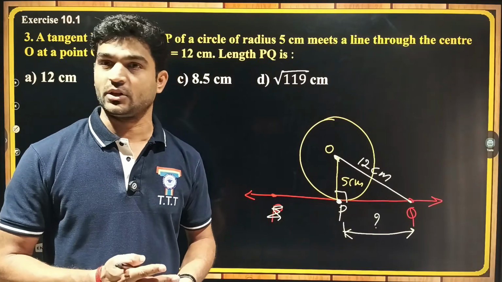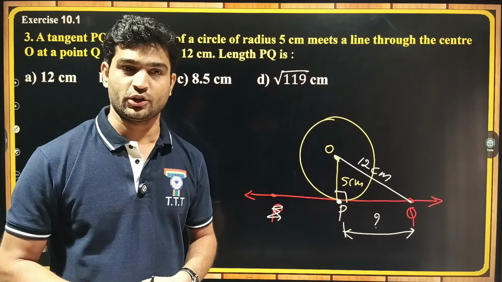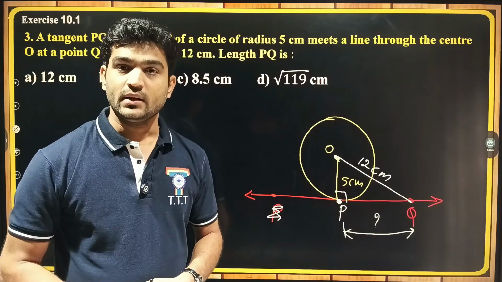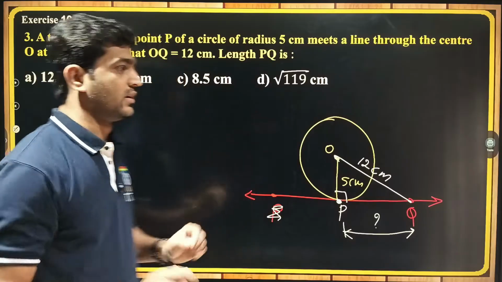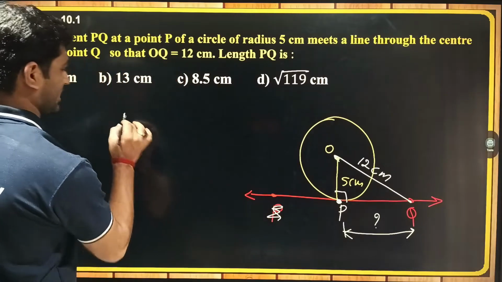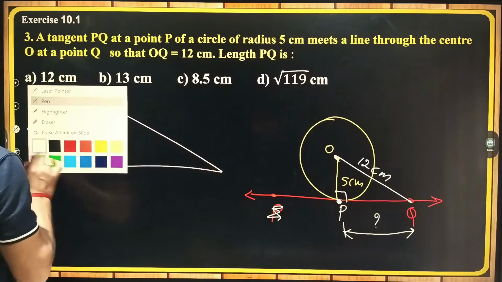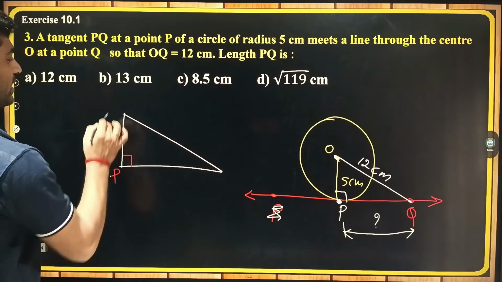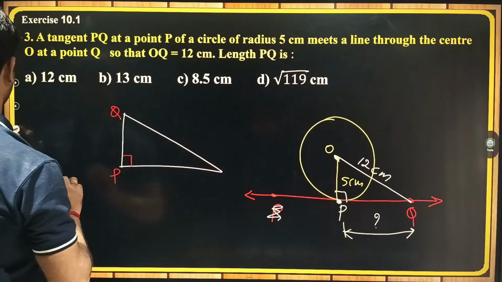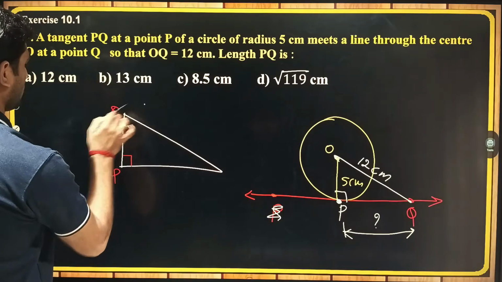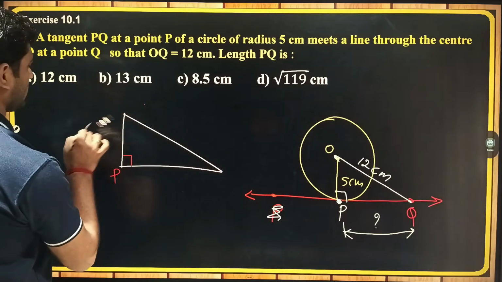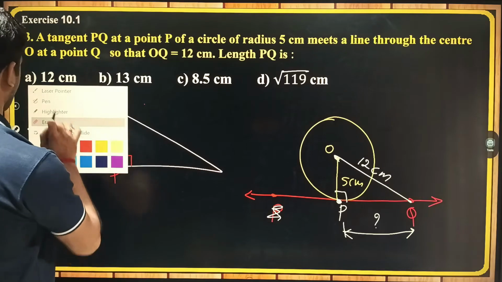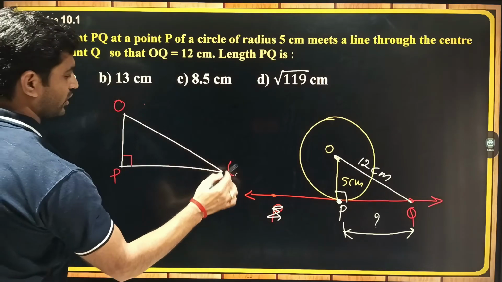In chapter 8, the trigonometry chapter, I taught you. The square of the hypotenuse side. Suppose this is a right angle triangle, right angled at point P, and this is O, here is Q.